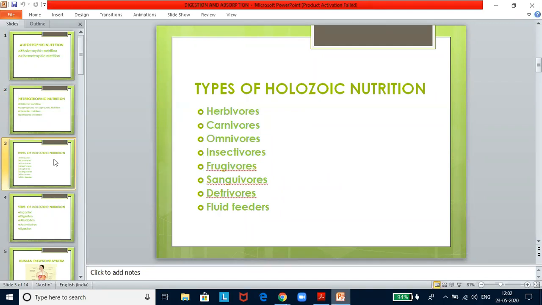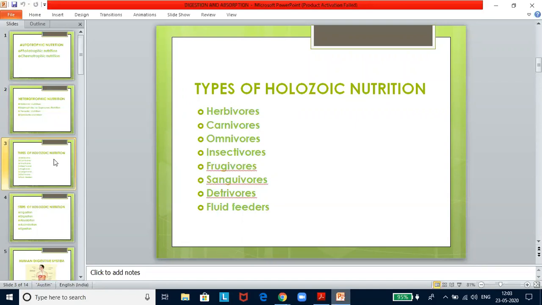Omnivores, animals that eat both plants and other animals, like cockroach, rat, bears, crows, man, etc. Insectivores are the animals that feed on insects, like toads, lizards, and spiny anteaters. Frugivores are animals that feed on fruits, example monkeys, birds, and bats.